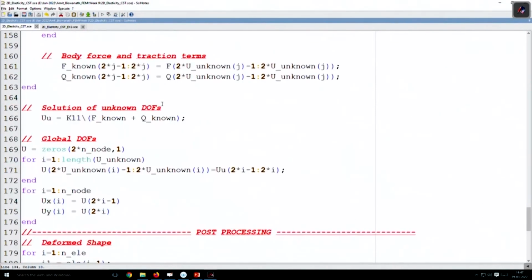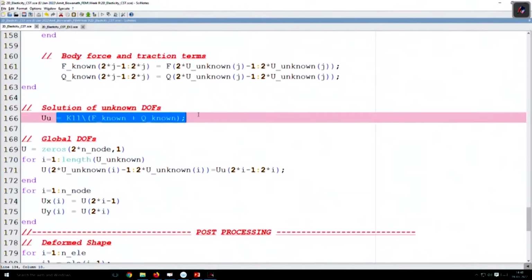Backslash is for solving the linear equation. Okay.